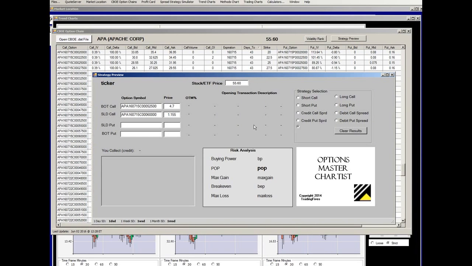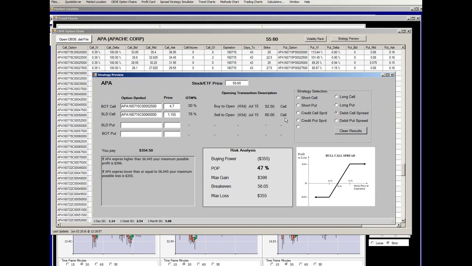I guess we don't need it that big. And this is a debit call spread. We click the button, and we get information about the possibilities or the risk reward of this trade.